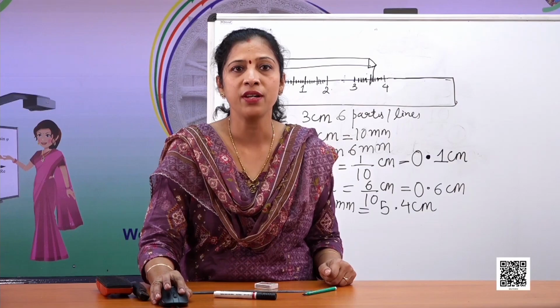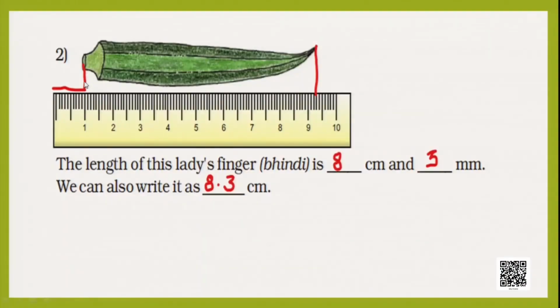So let's see now. Now you can see this bhindi starting from 1. So let's find out how much distance it is covering. So 1, 2, 3, 4, 5, 6, 7, 8 and 9. It is written as 9.3 centimeter. But this length is not there. So what are we going to do?